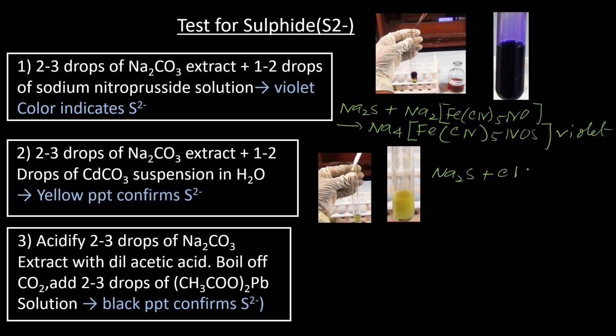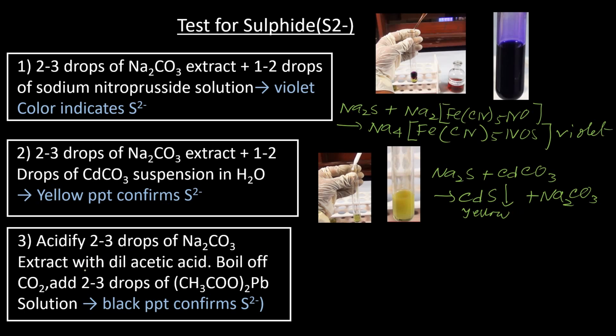So this is cadmium carbonate. Then here also a double decomposition reaction. It will form cadmium sulfide, which is a yellow precipitate, plus sodium carbonate. This is yellow. Right?